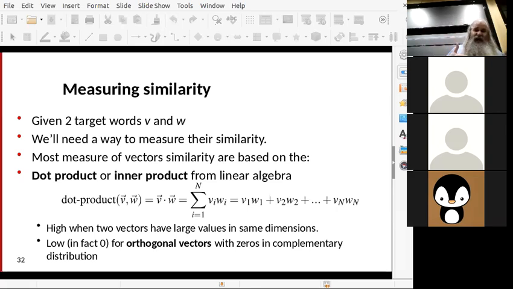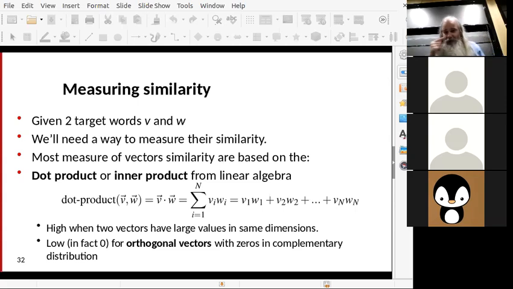Now, if I have two vectors, I could multiply them together and try to find out whether they're similar or not. The easiest way to do that is to just multiply them together, and where there are two numbers in the same position, I multiply them. Of course, if one of them is zero, it's going to go down to zero.